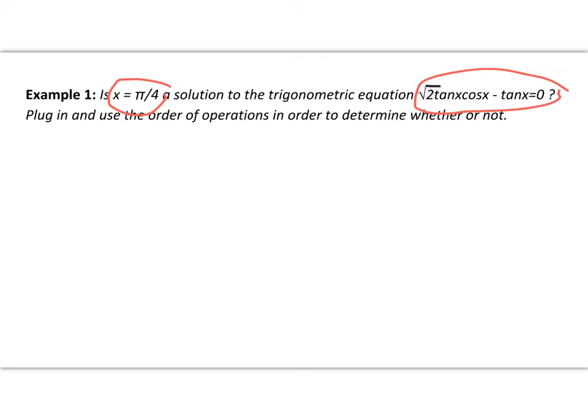So here we go with our first step. We are going to take our x equals pi over 4 and look at our equation, and anywhere there's an x, we plug it in. So nothing crazy happening here. We did some of this when we were graphing our trig equations.